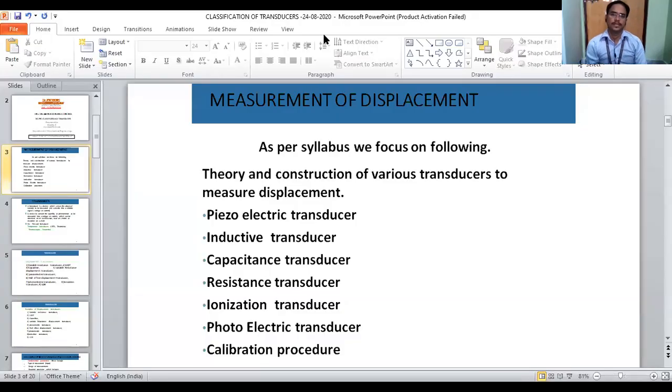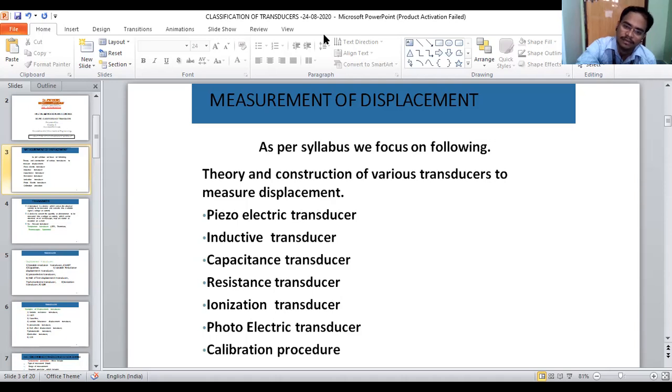See the first one, piezoelectric transducer. It is a displacement transducer. Here it doesn't mean that the input is directly the displacement. It may be a force caused by the displacement, the movement in the member. When a force is applied over this piezoelectric crystal, because of dipole moments, some charges are induced in it.